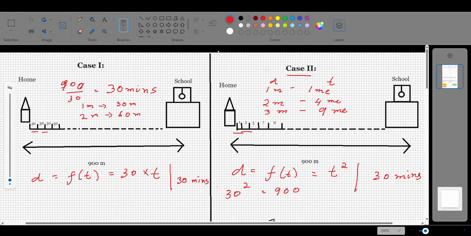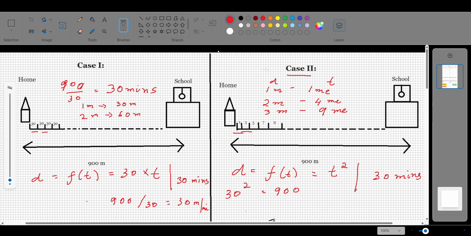But are their methods of going to school the same? So just by knowing that they spent 30 minutes to travel 900 meters, or had an average speed of 900 divided by 30, which is equal to 30 meters per minute.